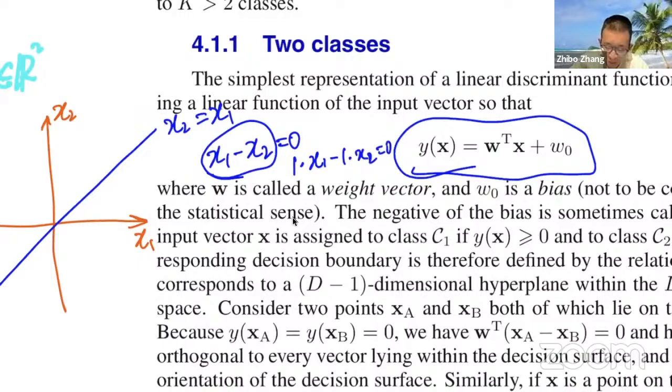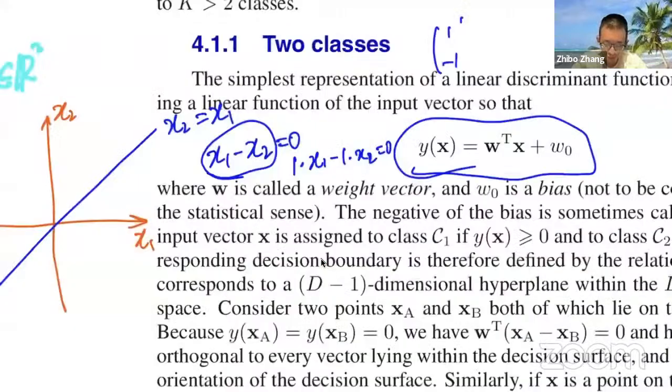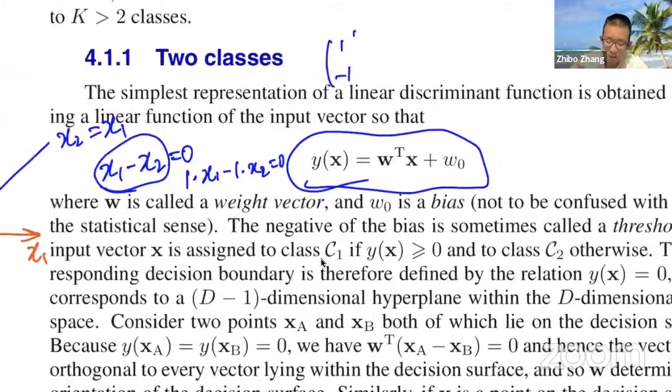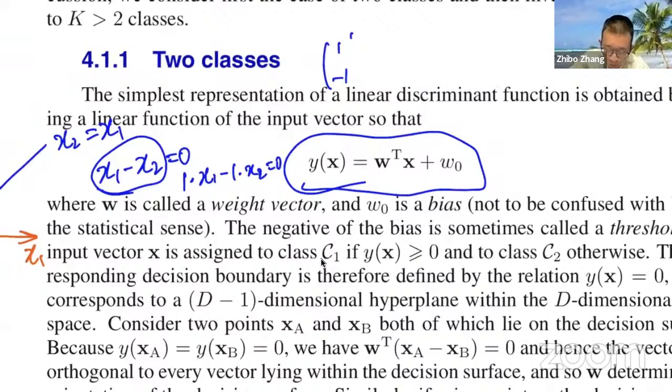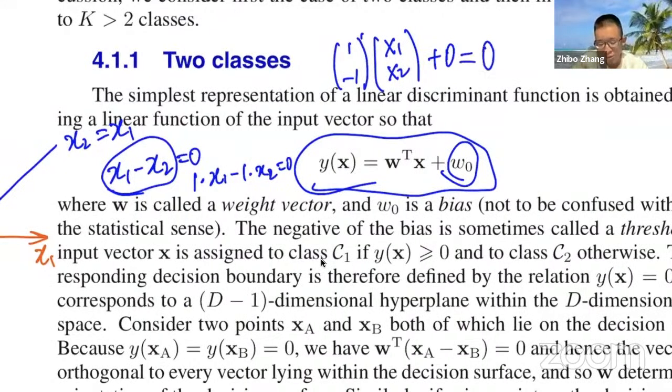So in the vector form it's going to be 1 minus 1 times X1, X2, and we need an extra scalar here, which is going to be 0, equals 0.